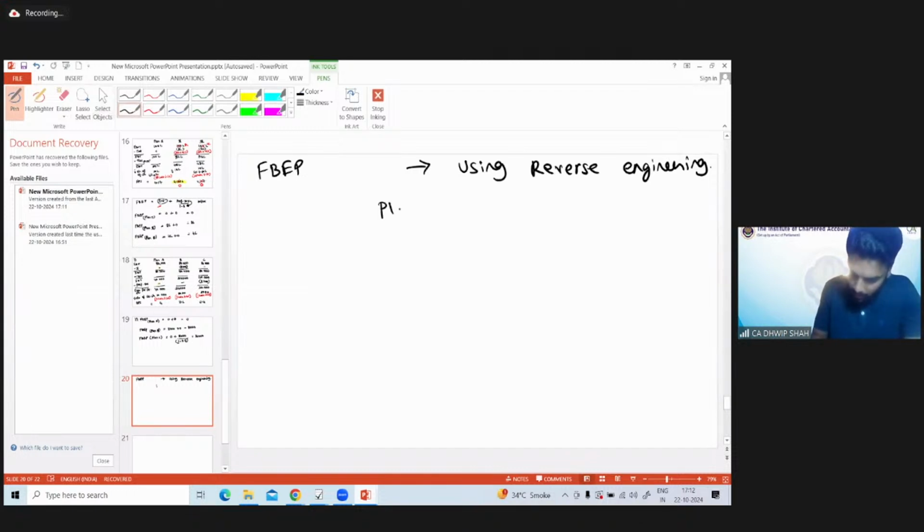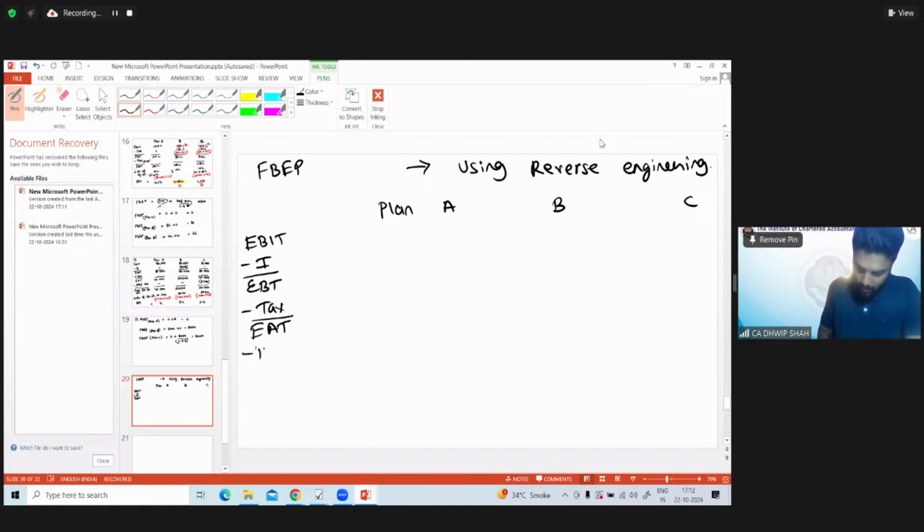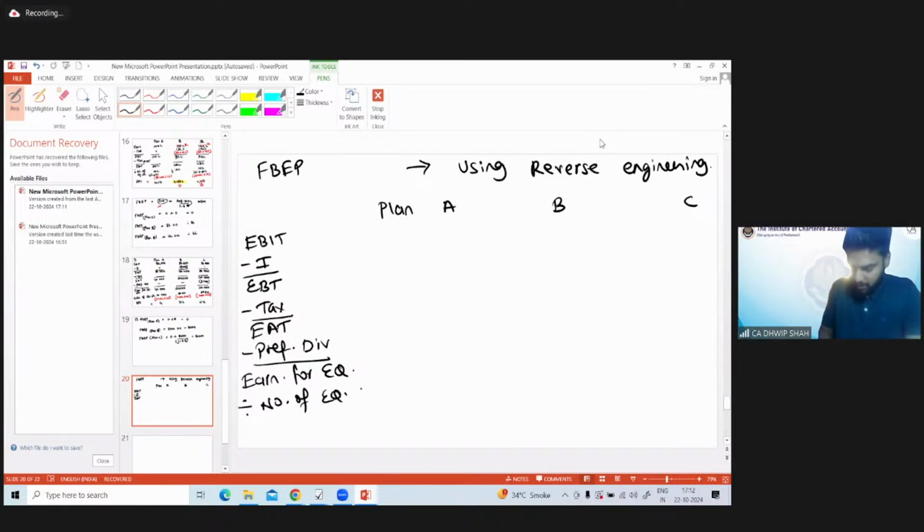Okay, this is plan A, plan B, plan C. Again, the format will remain the same. I think this is the 10th time I'm writing this format. Earnings for equity divided by number of equity shares will give you EPS. And we know financial break-even point means no profit, no loss for equity. Means can I say EPS will be zero in all, only then there will be no profit, no loss for equity? Yes or no?